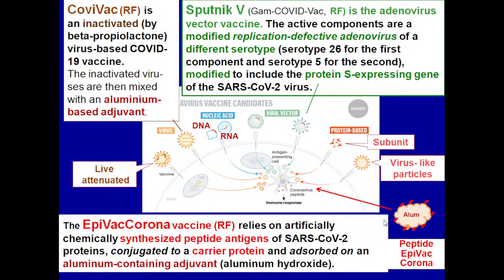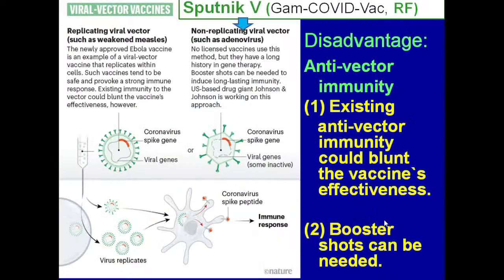So, EpiVacCorona we described already. What are the disadvantages of the Sputnik vaccine? Existing anti-vector immunity, because these serotypes are circulating in the human population. That's why we use two types of vectors.